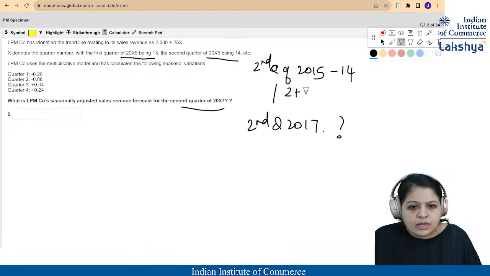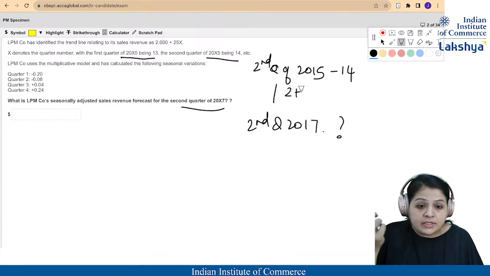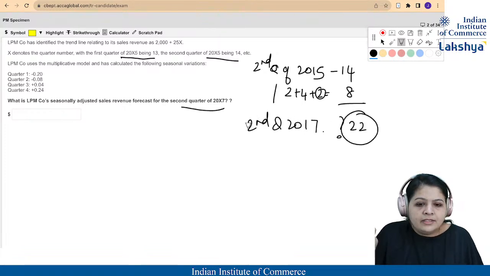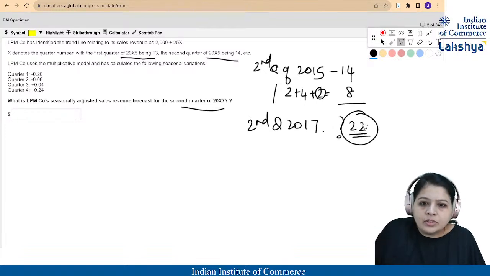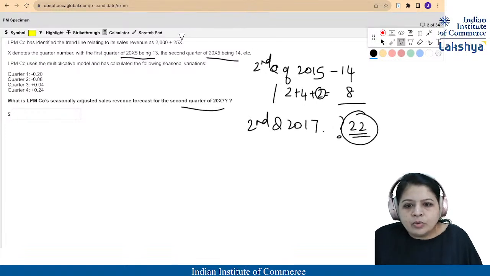So 2 plus 4 quarters of 2016, right? Plus 2 quarters. So if I'm going to add 8 to it, 2 quarters, because I'm going to find out the second quarter, right? So this is going to be 22, and hence second quarter of 2017 is going to be 22, which is the value of X.